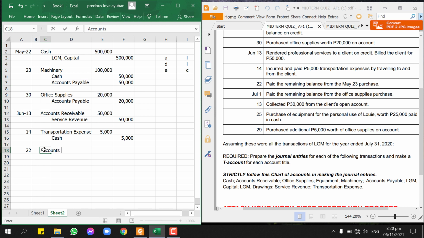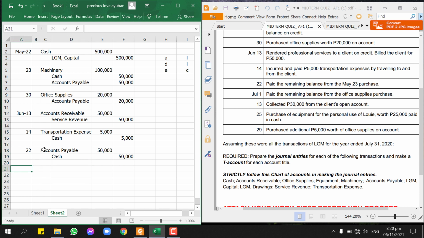So, debit tayo ng accounts payable in the amount of, sabi niya, pay the remaining account. Okay. So, 50,000 yung binayaran. 50,000. And then, since nagbayad tayo, merong lumabas sa atin na cash. Cash of 50,000 pa din.